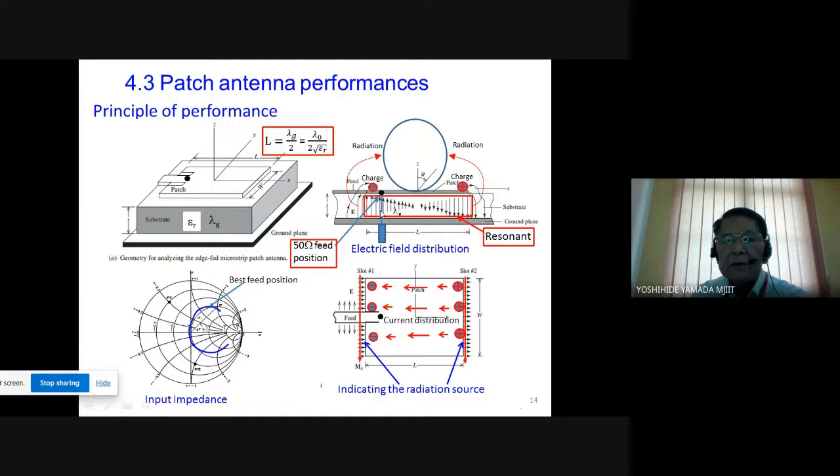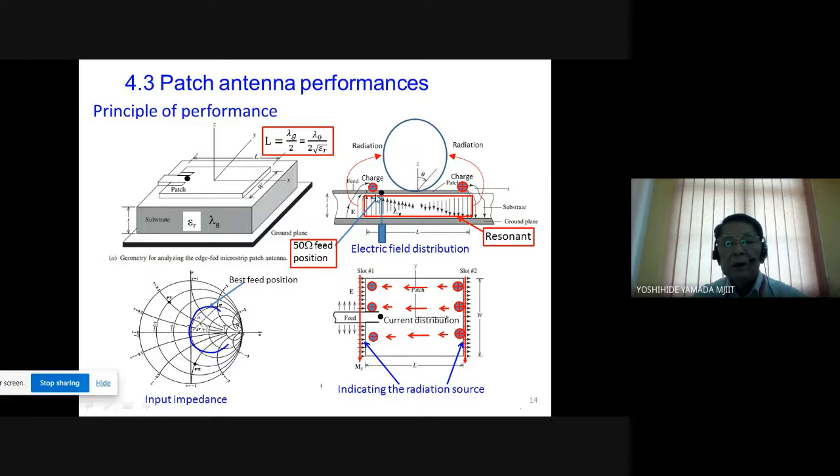So if this position is selected, then the antenna impedance becomes 50 ohm. So this meets the coaxial cable impedance. So like this, the feed point is not the center and not the opening point, but a little bit inside.